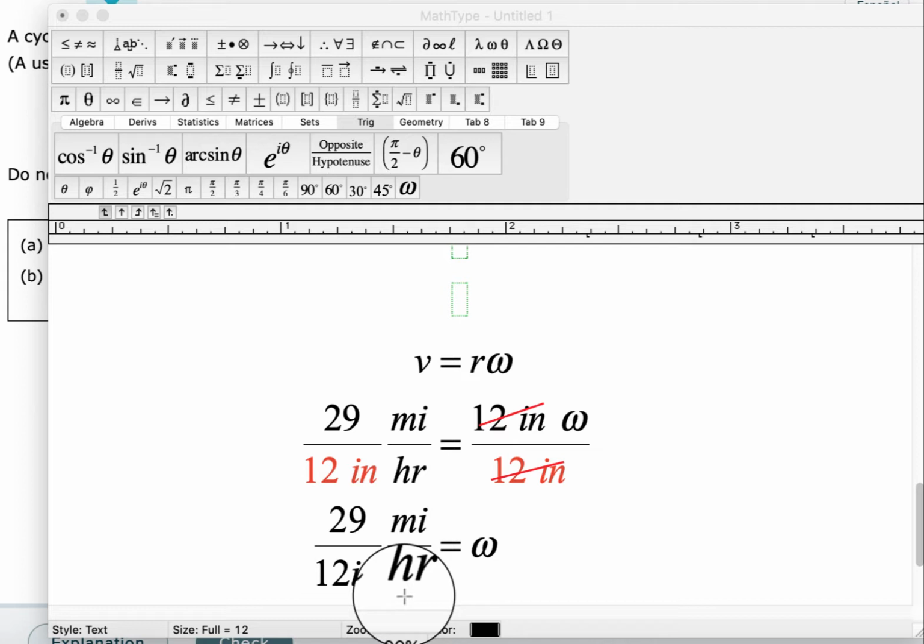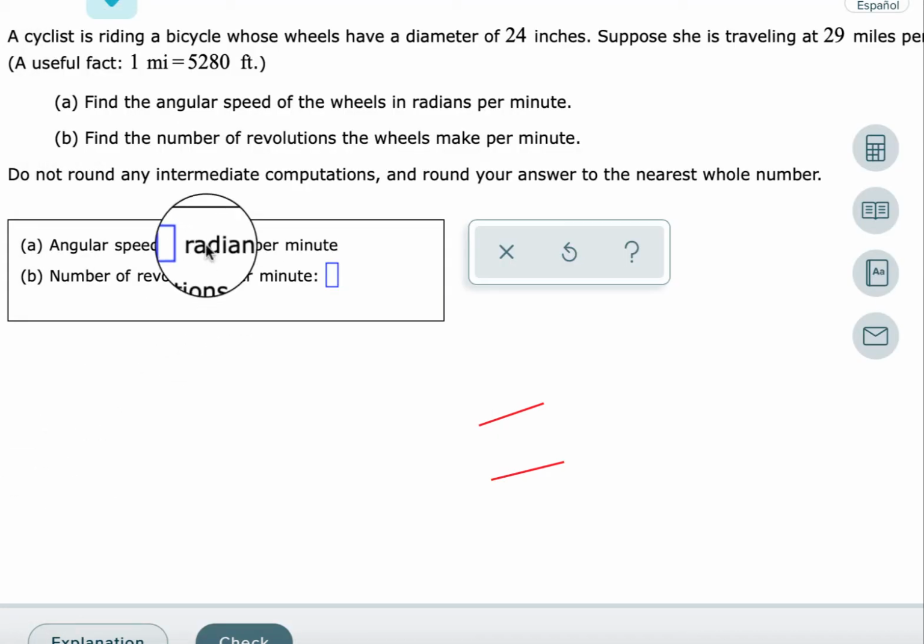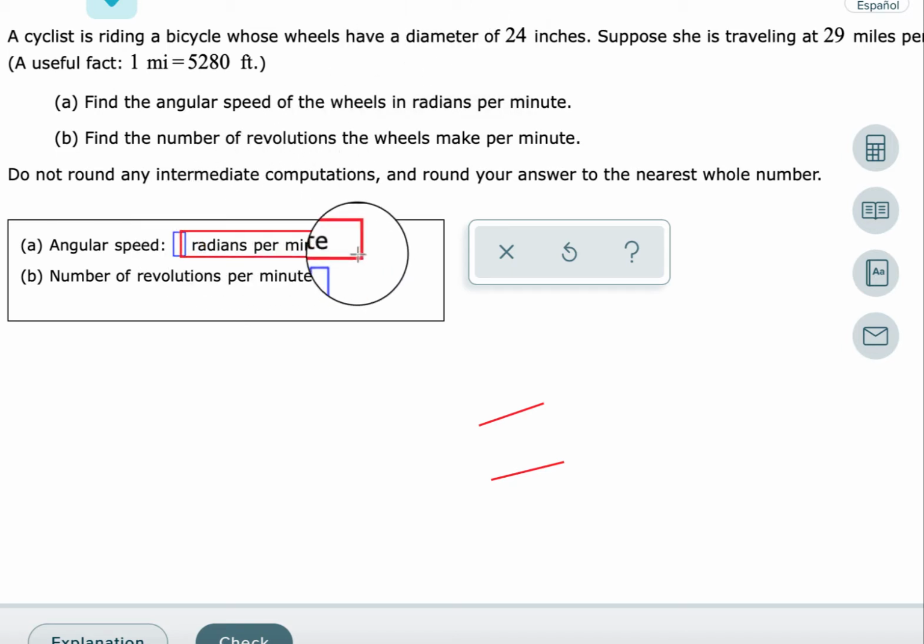And so what I want to do is cancel out the units, but I need to see what units they want me to give the angular speed omega in. So when I look back at the problem, it says that they want it in radians per minute. So if they want it in radians per minute, I need to convert the hour that I have.